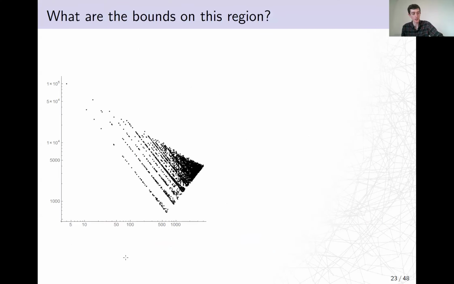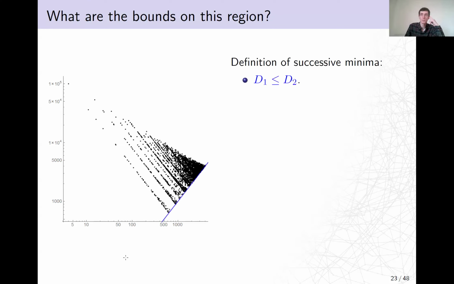So what is the shape of this region? What is this region that we've constructed? Well, there's a few bounds that come immediately just from the definition of successive minima. By definition, d1 is at most d2 and d2 is at most d3. So d1 is at most d2 tells us that, since we're plotting d1 against d2, you have to be at least above the line where d1 equals d2. We also need d2 is at most d3.